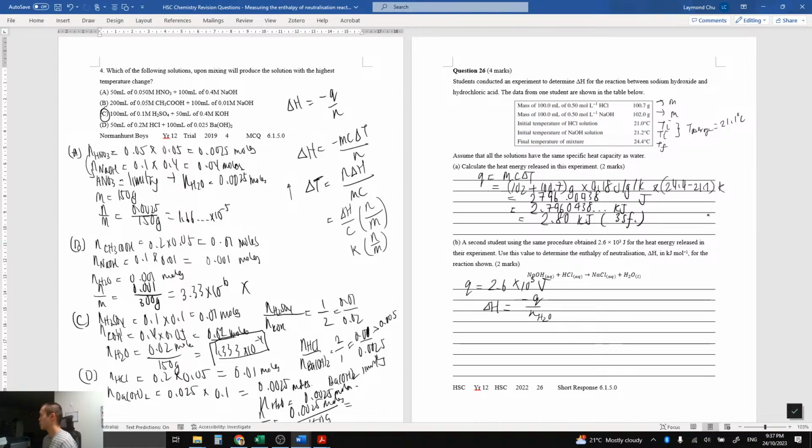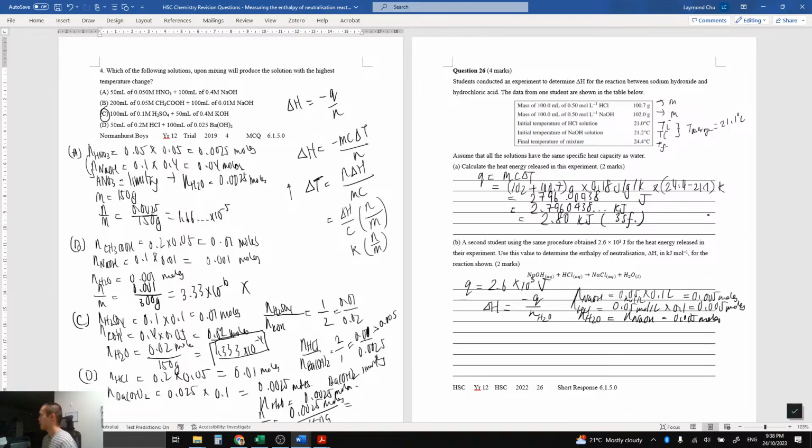We can find the moles of our NaOH, which is 0.05 times 0.1 liters, moles per liter, which is 0.005 moles. That happens to also be the same for hydrochloric acid. That means the moles of water is equal to n of NaOH, which is 0.005.